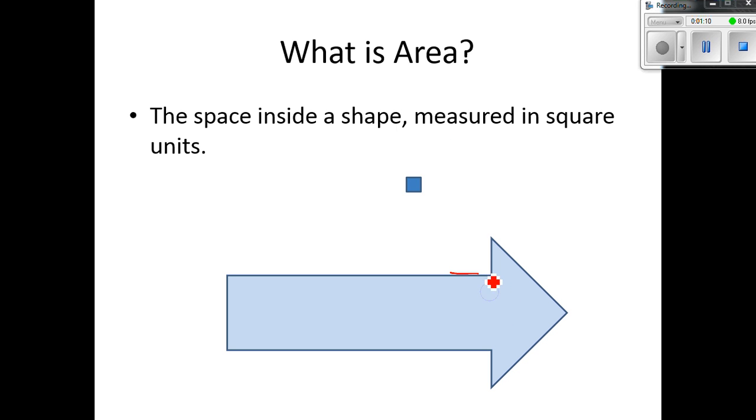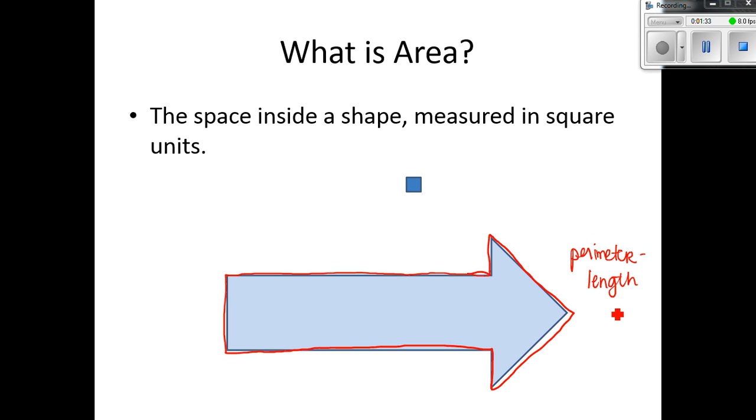Perimeter is figuring out how many feet you would go around this whole arrow, okay? And so if I wanted a distance all the way around and we were talking about perimeter, we would be talking about a length, okay? So centimeters, feet, inches, etc.